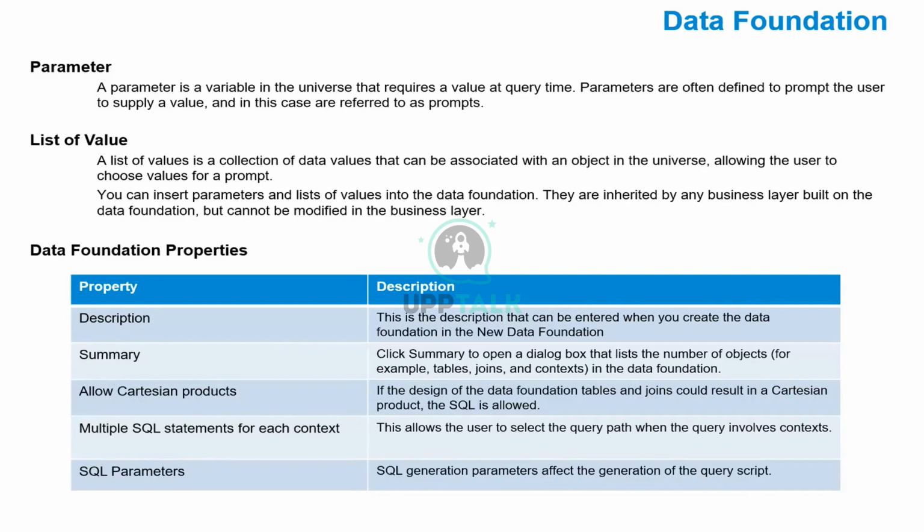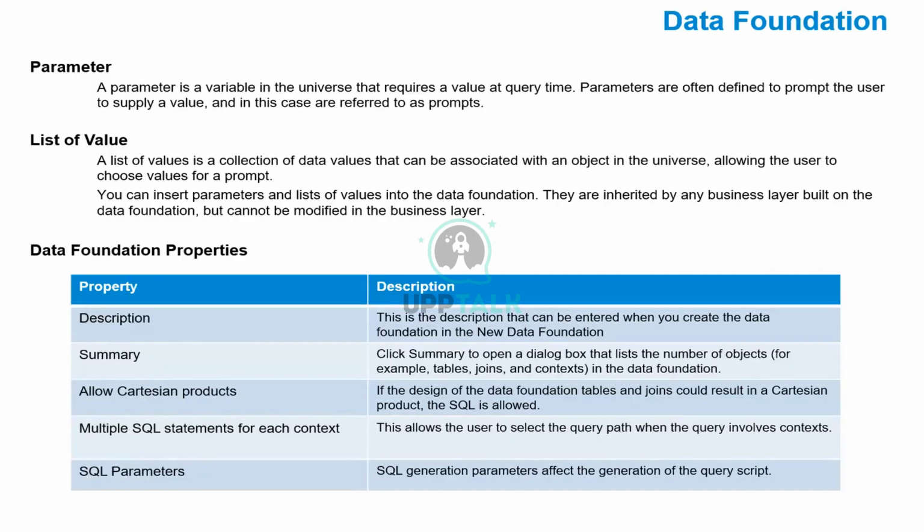If you are only interested in the data about the region of Asia, and we don't want other regions' data in one universe, one report, then we can set up region as a parameter. Whenever we use that report, it will ask the user at the time of generating the report which region you want to go for.